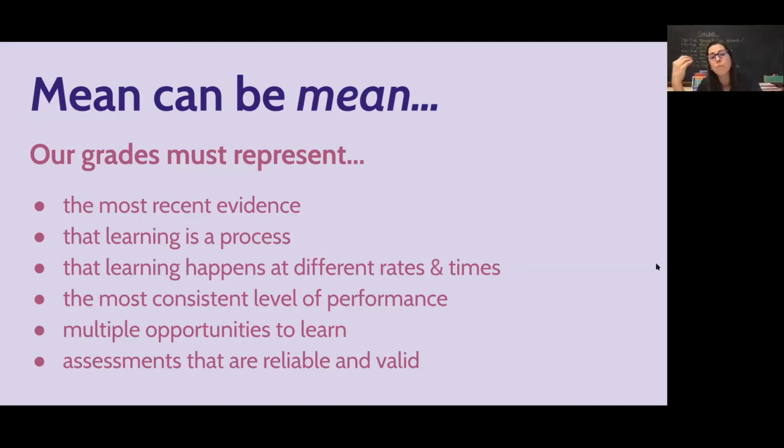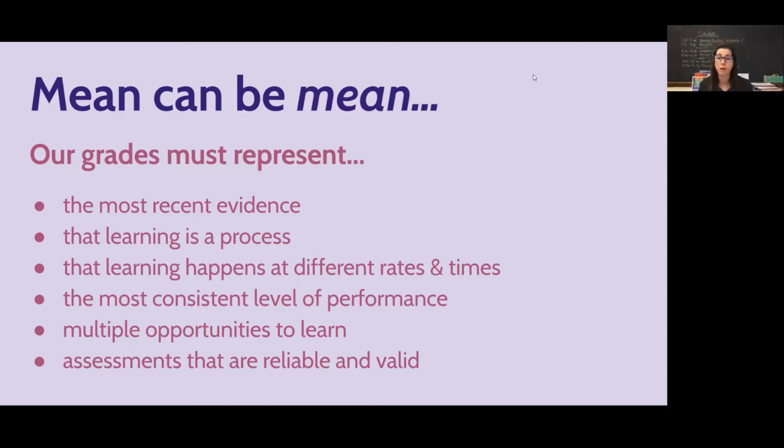I want to say watch out, even though I said the most recent evidence is what you really want to go with. I think you really know this is where it's an art rather than a science. If a student has shown proficiency early on and now they take a test and they don't do well, you really need to think about what's going on. Did something happen in their personal life that has affected their ability to take the test and to demonstrate their learning?